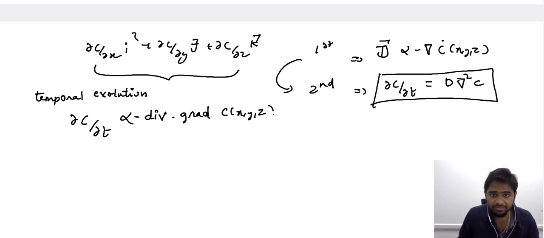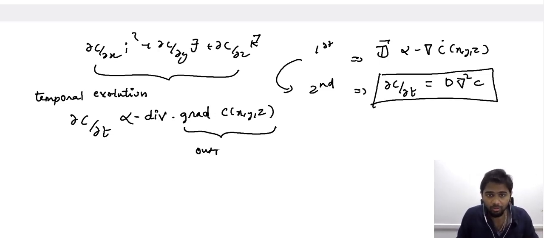So in case of Fick's second law, we treat the output of Fick's first law as the input, and correspondingly we estimate the temporal evolution of the concentration. So this is nothing but the output of Fick's first law, and we treat it as the input for Fick's second law and consider its divergence.